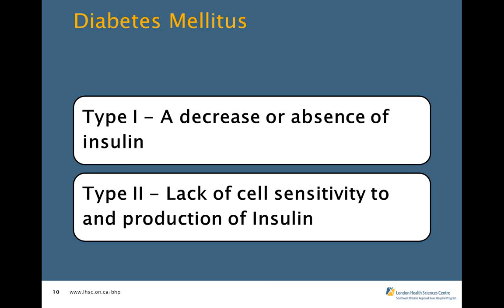Type 2, usually called mature onset diabetes, the insulin receptor cells and the glucose receptor cells become desensitized, and there's not a lot of insulin production. The pancreas is still working, it's just not working at 100%. This usually happens later on in years. So you'll see this type 2, the ones that are on the oral type medications to maintain their normal blood glucose levels.